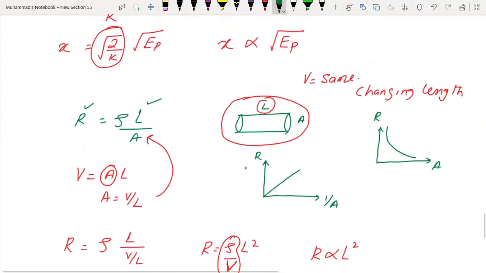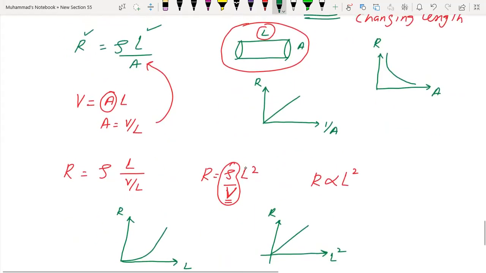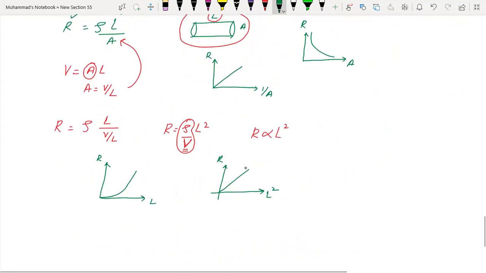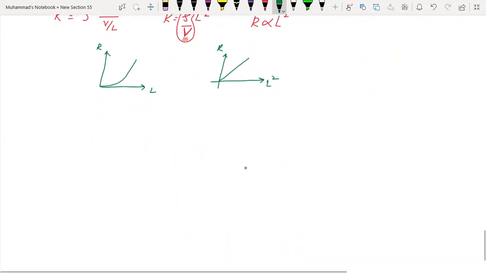On the other hand, if you keep the volume the same and you change the cross-sectional area, now what are you doing? You are changing the cross-sectional area and you are keeping the volume constant.